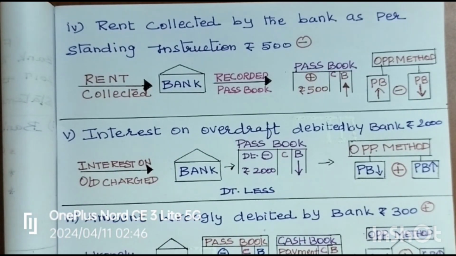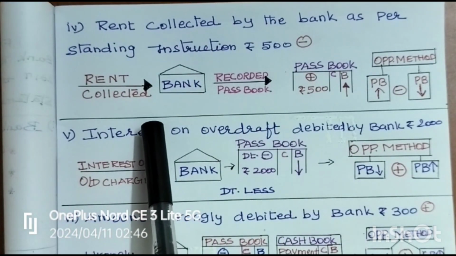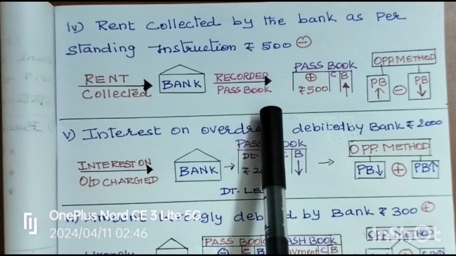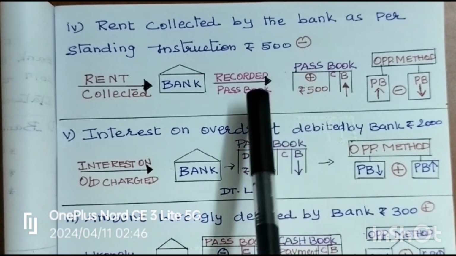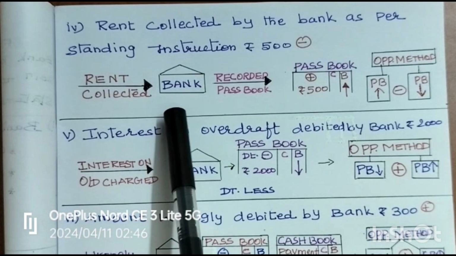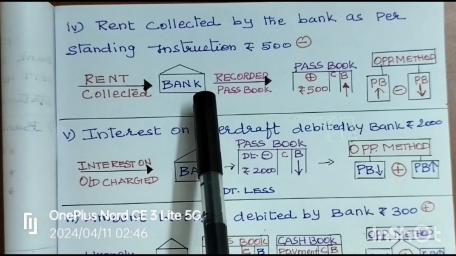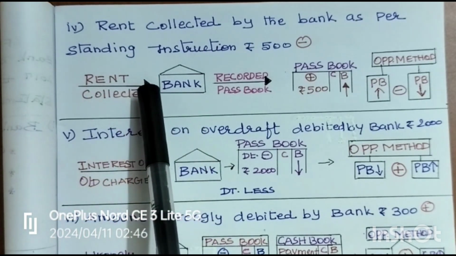So what happened? The bank, after collecting the rent, immediately recorded it in the passbook. What is to be recorded? Collection of rent means you received the cash through bank. Okay. So bank received cash in the name of rent, right?